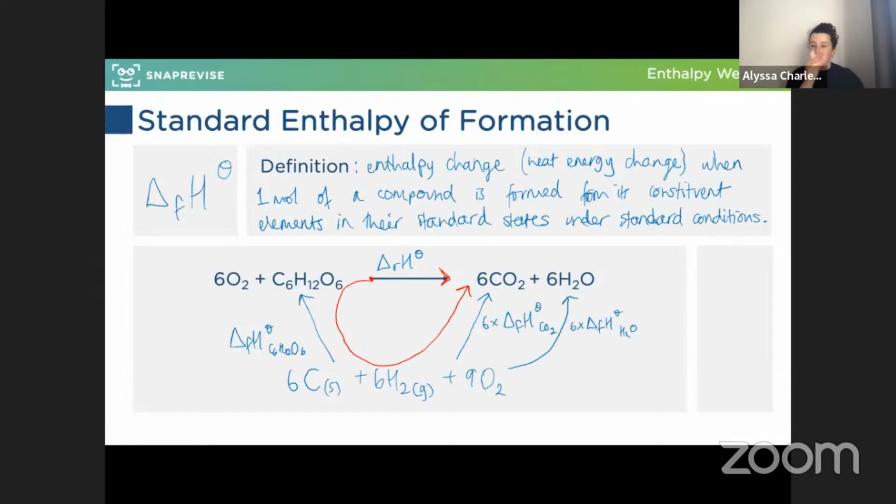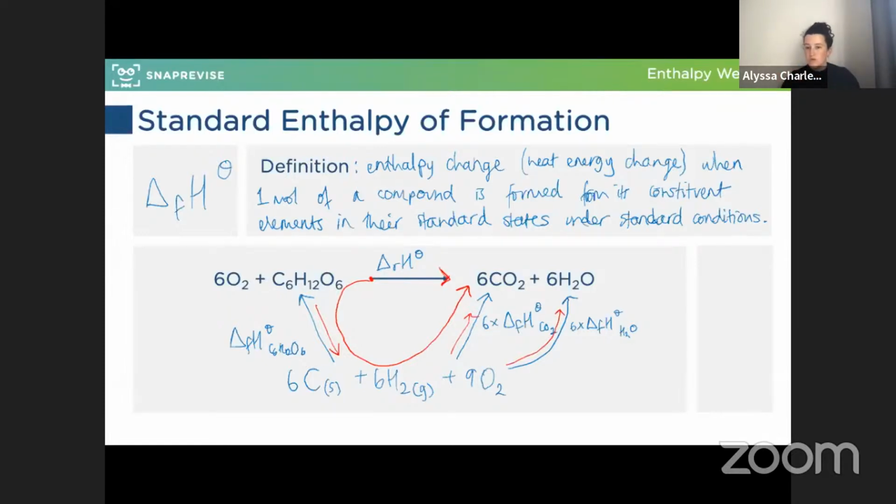We must start at the same reactants, finish at the same product, we're just going around a different route, which means we've got to go against that process. So we're going against that arrow, but with those processes.